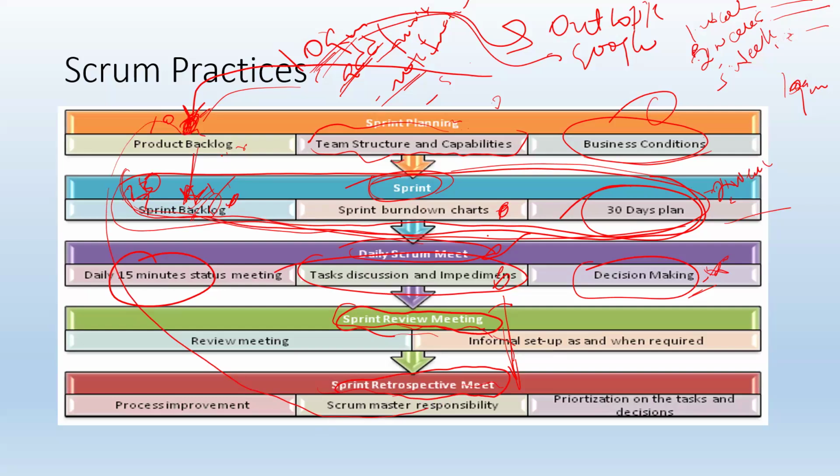Then every day we come into the daily Scrum meet to discuss what we have been developing, what test cases we are able to execute, then decisions we take. This cycle repeats again and again: sprint planning, daily Scrum meets, review meets, and retrospective. This is the continuous process of Agile.